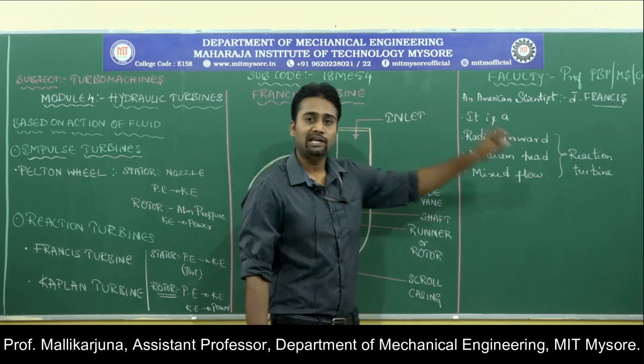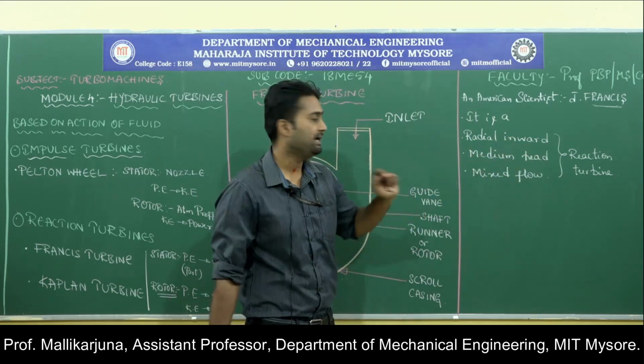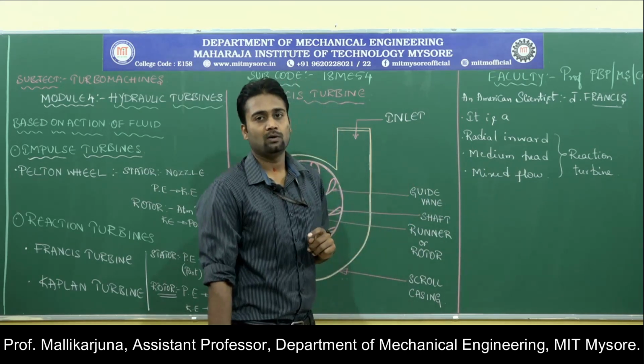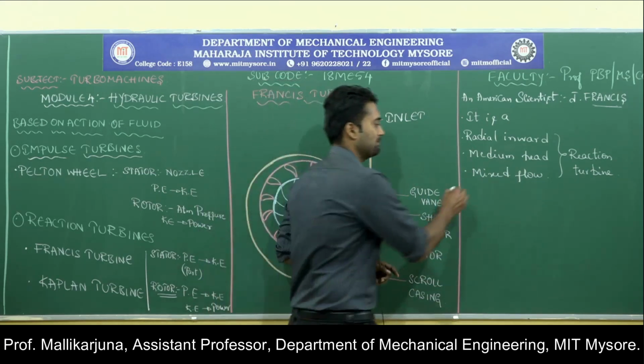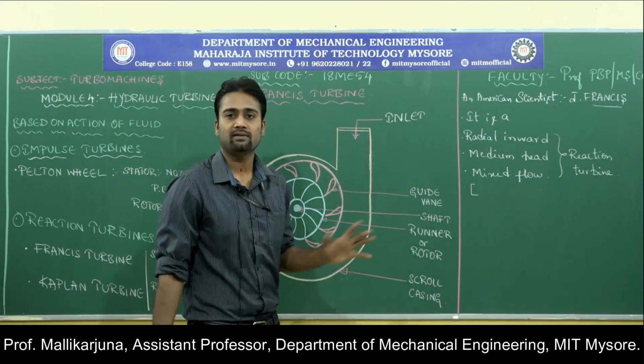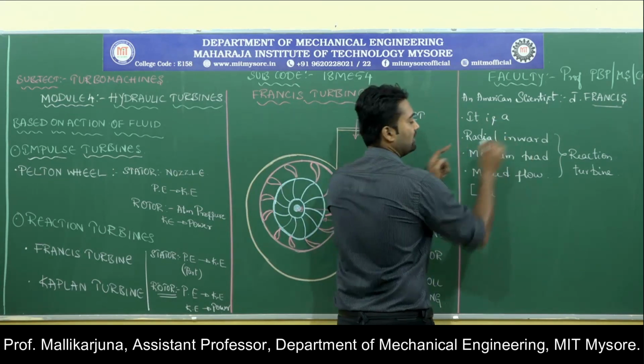It is a radially inward flow machine, medium head, I mean the turbine operates under a medium head, and mixed flow is going to happen. Mixed flow in the sense that two types of flow are happening inside the device itself. The very first thing is radial inward, already mentioned.